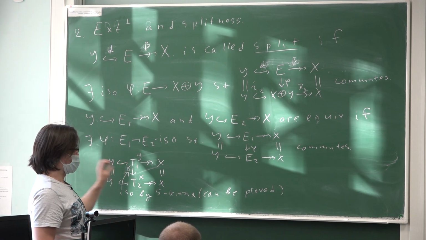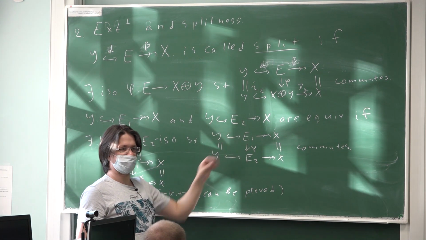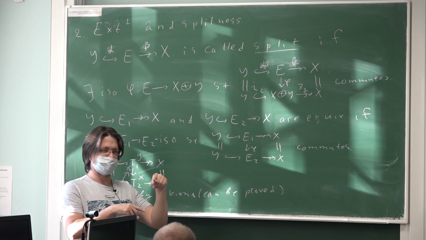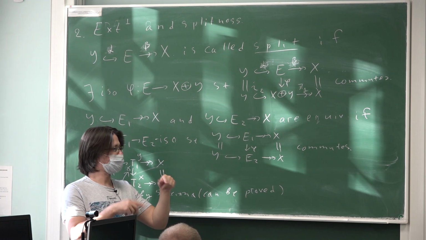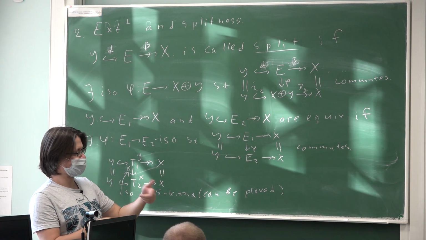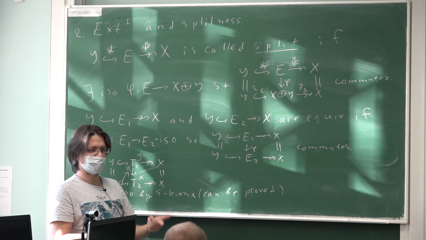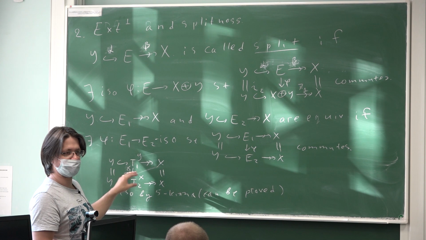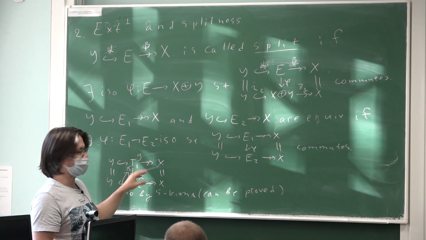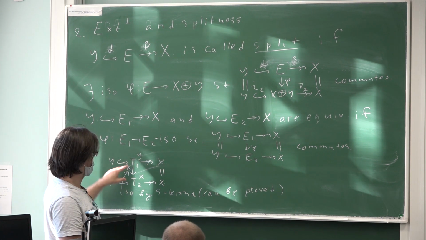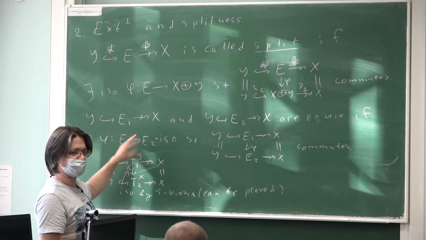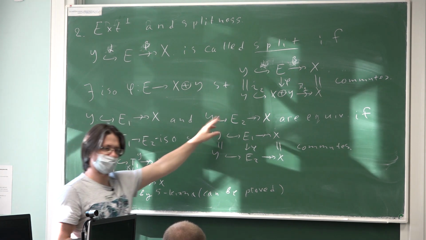And two extensions are equivalent if they can be connected by elementary equivalences. The equivalence relation is by definition the minimal equivalence relation such that elementary equivalent extensions are equivalent. So two extensions are equivalent if you can construct a sequence of elementary equivalences from one to another.